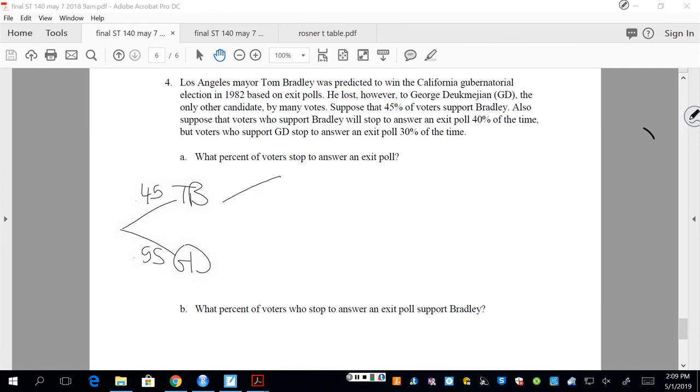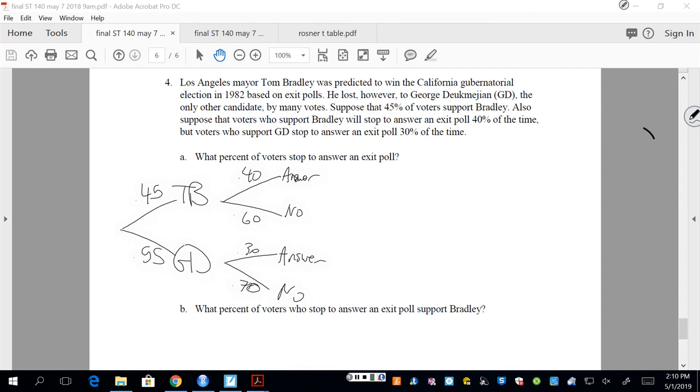And then whether they're going to answer the poll or not is the other one. If none of the supporters of Tom Bradley would stop, then the percent would be 0. That would be extreme, right? But 40% will stop to answer the exit poll. That means 60% won't. And for the other candidate, 30% and 70%.